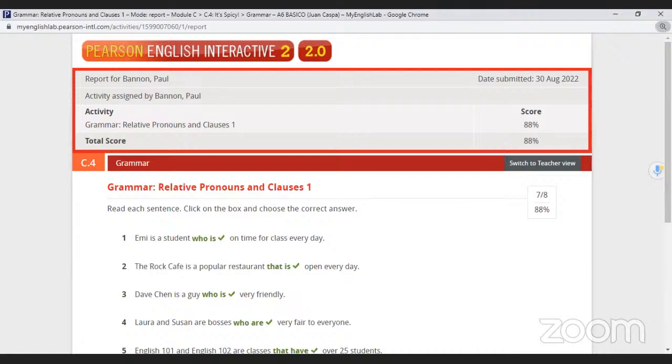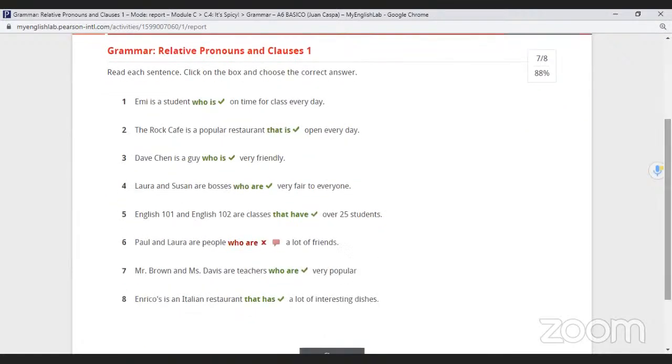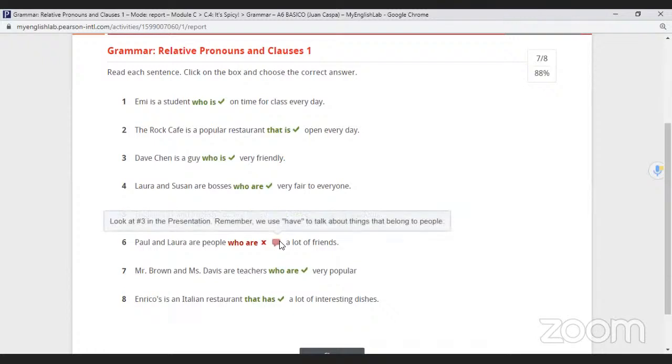There are some mistakes. Probably this one, the previous. Paul and Laura are people who are, okay. We use have to talk about things that belong to people, right? I think it's who have a lot of friends.